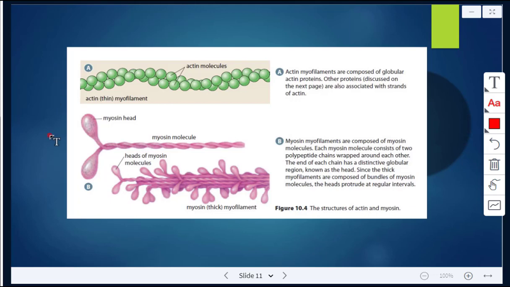And then the myosin myofilament is composed of myosin molecules. Each myosin molecule consists of two polypeptide chains that are wrapped around each other. The end of each chain has this structure called the head. The thick myofilaments are composed of bundles of myosin molecules, and so the heads will protrude at regular intervals.